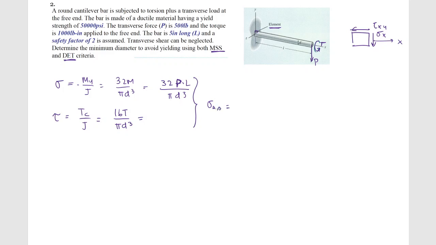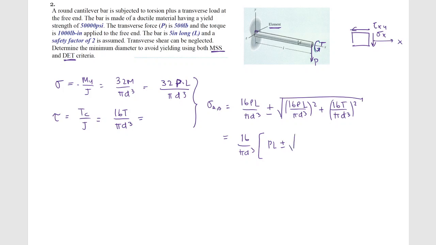So it's going to be sigma x plus sigma y over 2, basically just sigma x over 2, plus or minus the radius, which is the square root of sigma x minus sigma y over 2, basically the same thing, squared, plus tau xy squared. I can factor out a 16 over pi d cubed, a factor of PL plus or minus the square root of PL squared plus T squared.